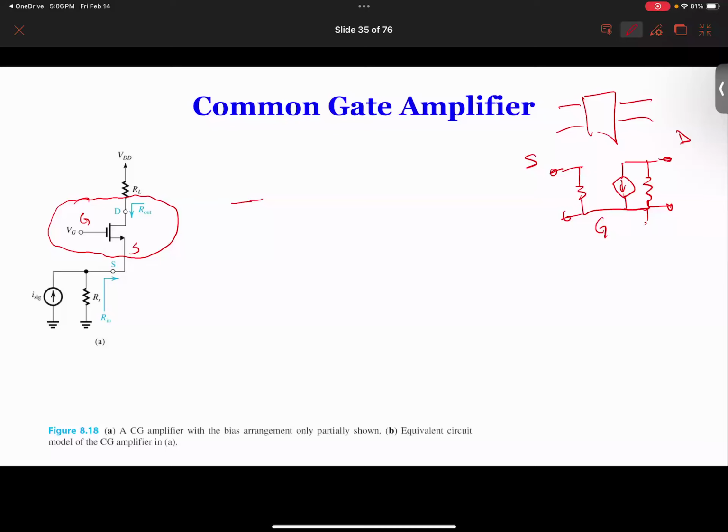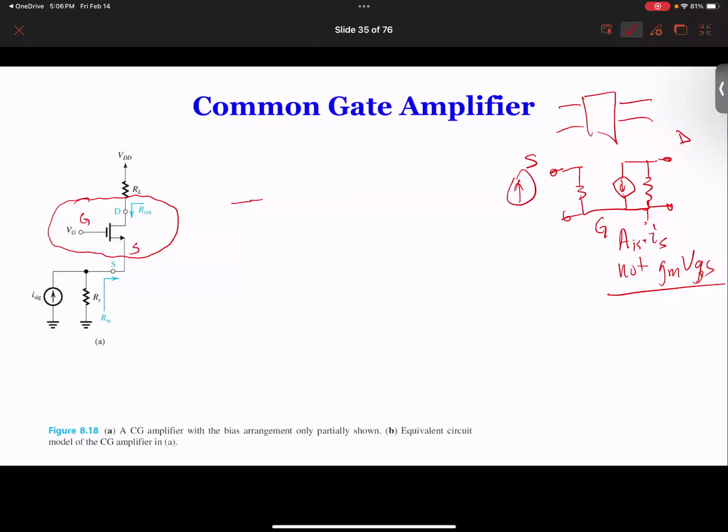The difference here is that this signal is called alpha times IS, which is input over here, not gm times VGS. This is something you have to be careful about. When we draw a circuit, you might say, oh, this looks like a pi model. No, actually, this is not a pi model, okay? This is actually an equivalent circuit of this thing here.